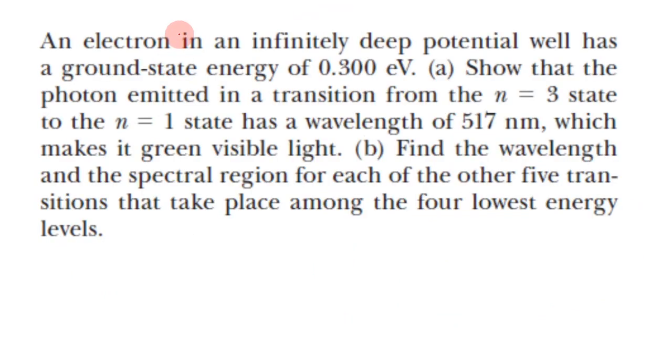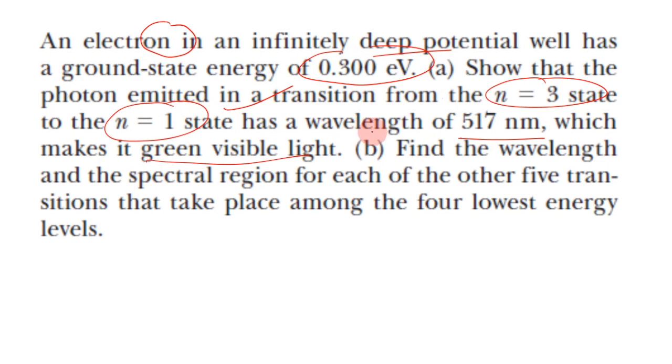Okay, so the next question says that an electron is in an infinite deep potential well which has a ground state energy of this. So we are given that our ground state energy is this. You can see that this is a two-part question. In the first part, we have to show that the photon emitted in a transition from n is equal to 3 state to n is equal to 1 state has this wavelength, which makes it a green visible wavelength.